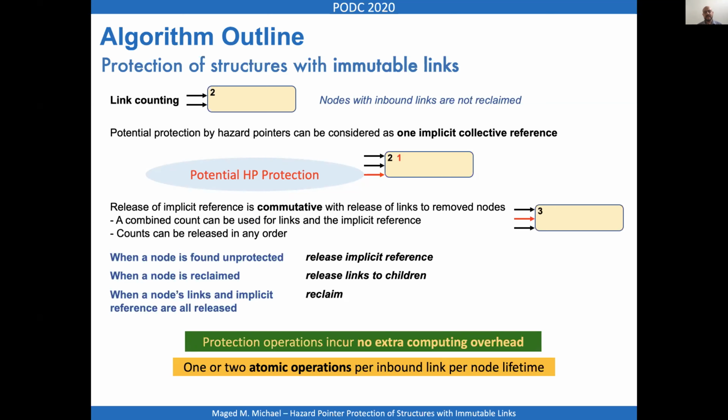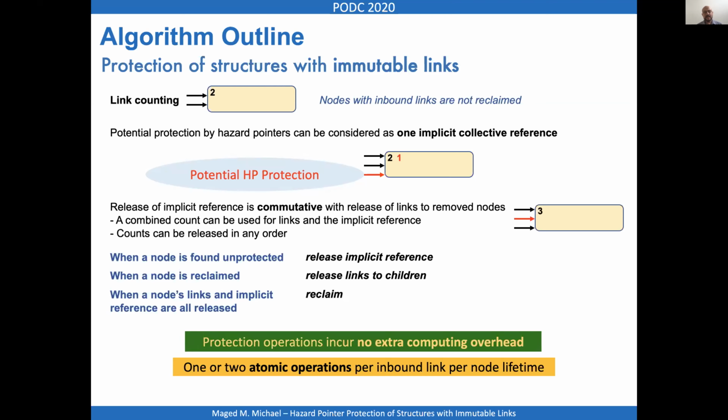And if we're dealing with immutable links, where once they have a non-null value they cannot change, then this guides our algorithm, and we can commutatively release these link counts or reference counts.